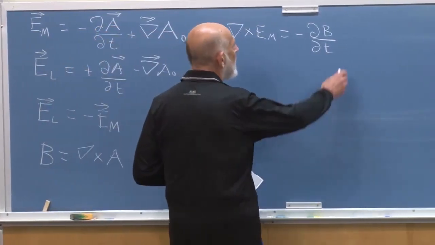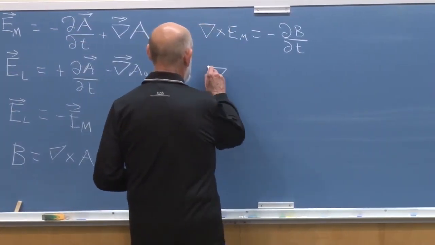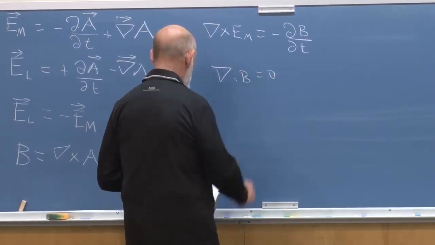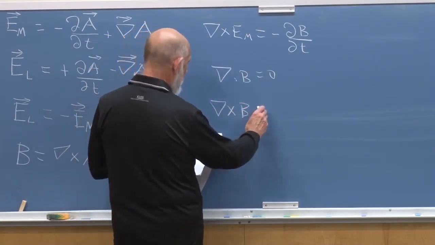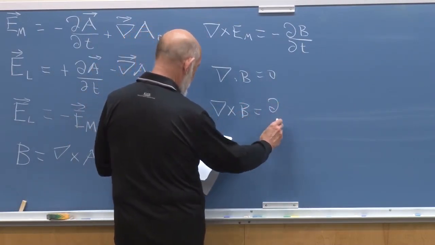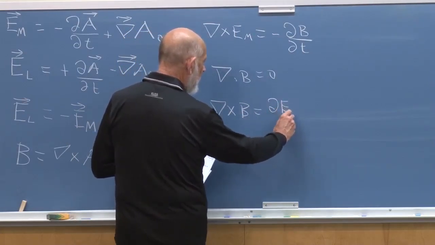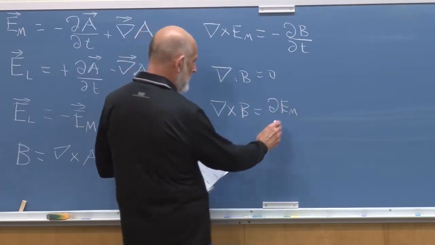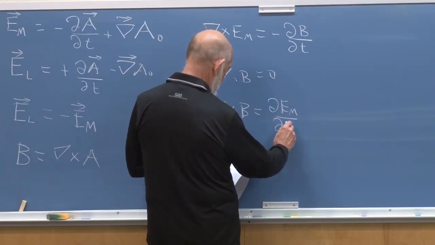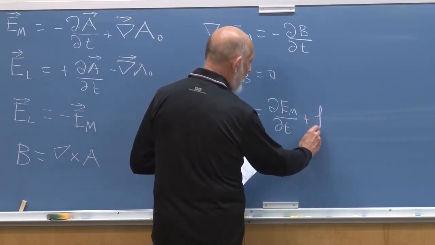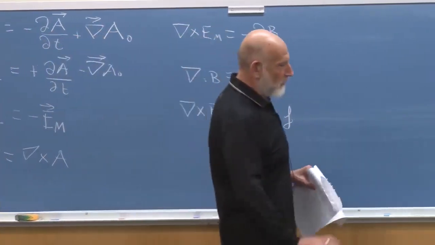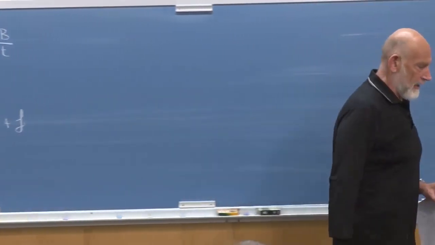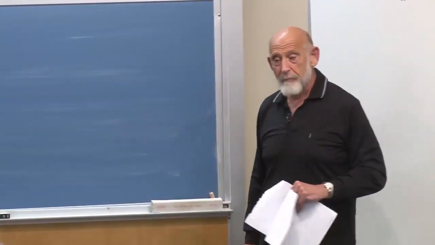All right, so let's write what Maxwell would write down. He would also write down del dot B equals 0. He would write down del cross B equals dE Maxwell by dt plus J. Now, whose convention is J, positive or negative? The convention about J was established actually not by Maxwell, but by Benjamin Franklin. All right.